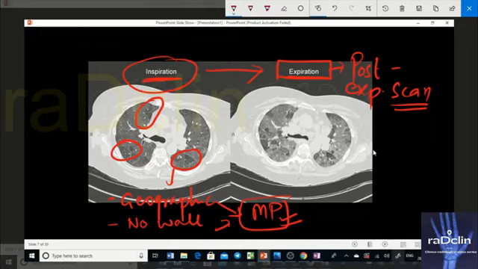So if you expire the air, the density should normally increase, and that is why the normal areas will have increased density. The abnormal areas I have marked.